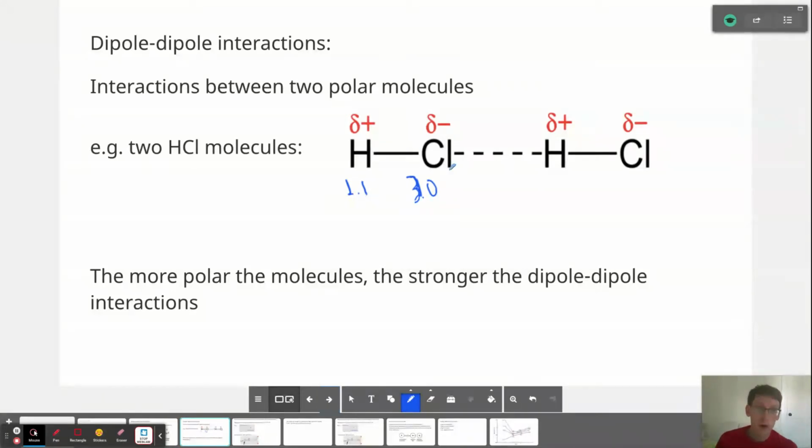The overall molecule is polar because there's only one bond, so the chlorine in one HCl and the hydrogen in another HCl will be attracted to each other. The more polar your covalent bond, the stronger the dipole-dipole interactions will be.